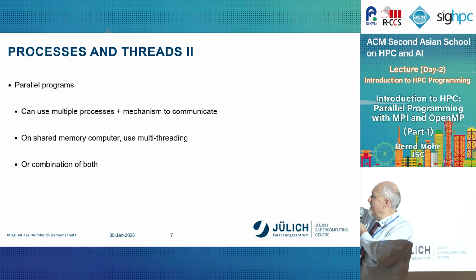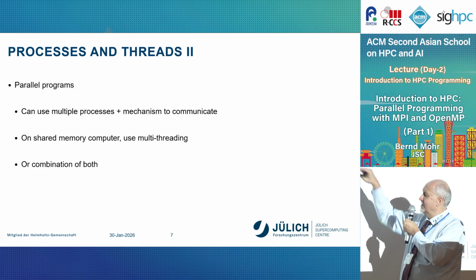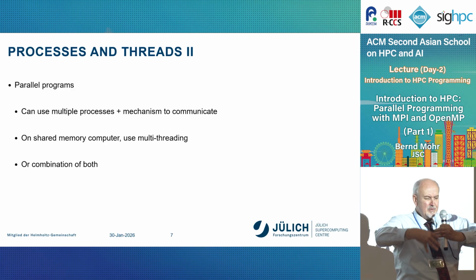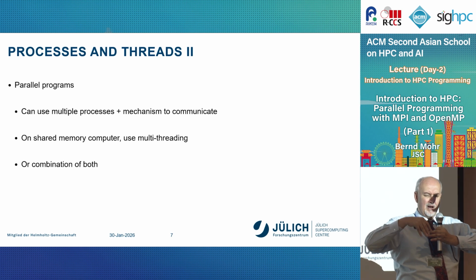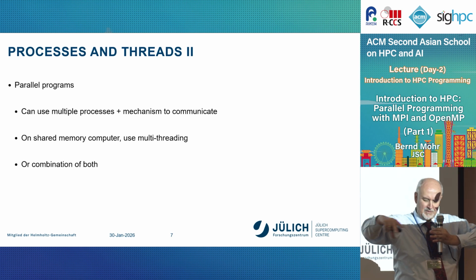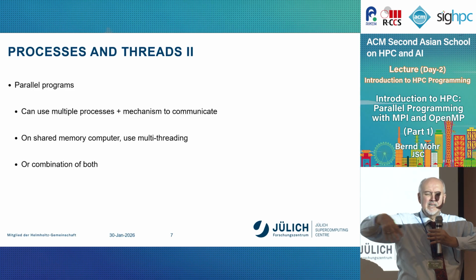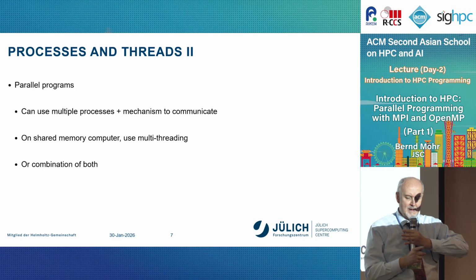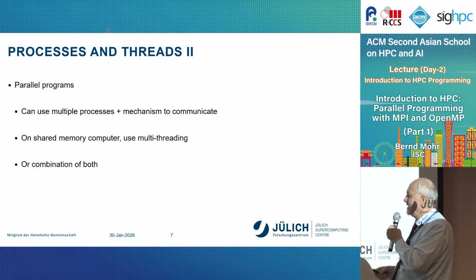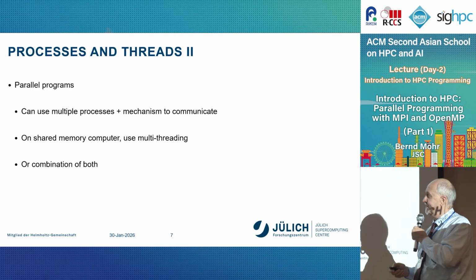Or if I have a shared memory computer, I can just use multi-threading. I'm starting one program, and then all the data is accessible to that process, and I can just use multiple threads to work on the different portions. Or you can combine both.